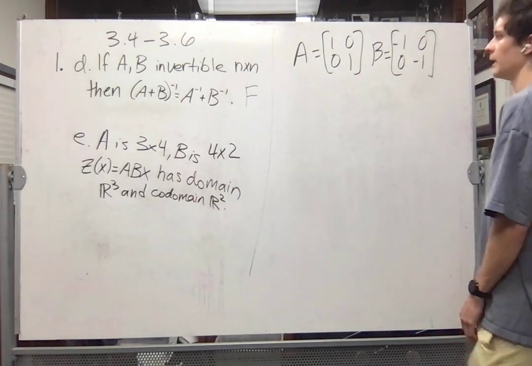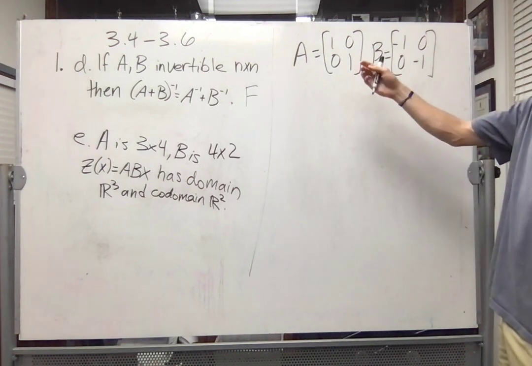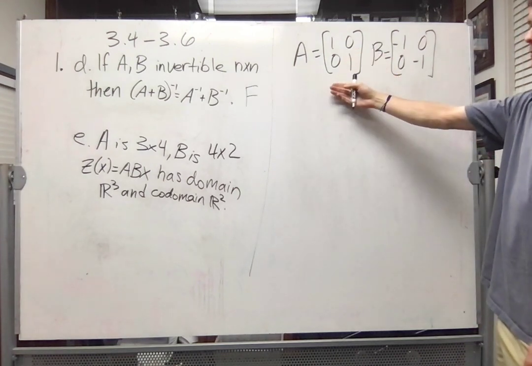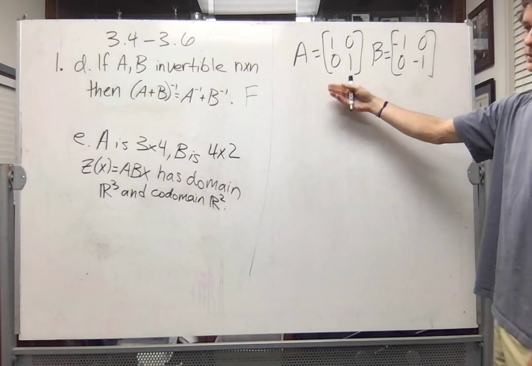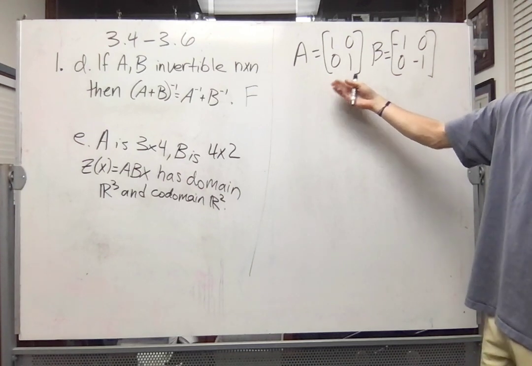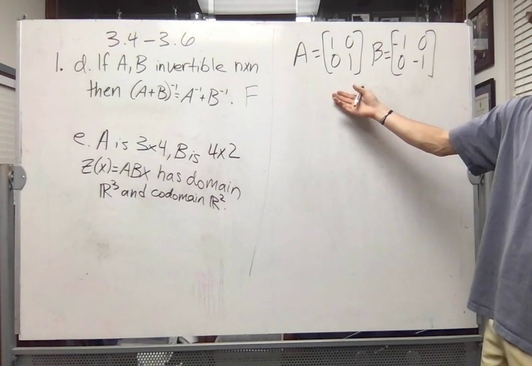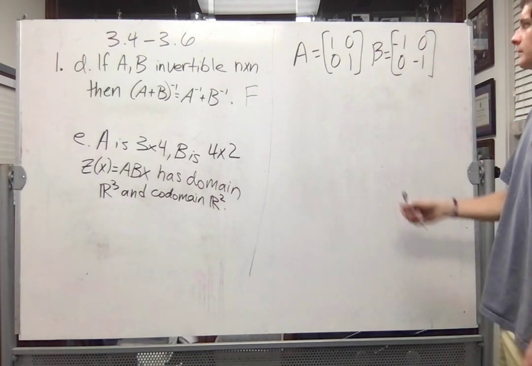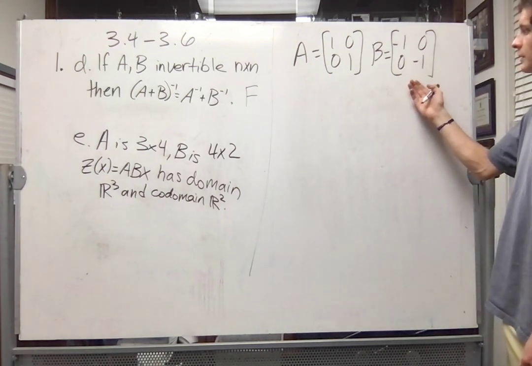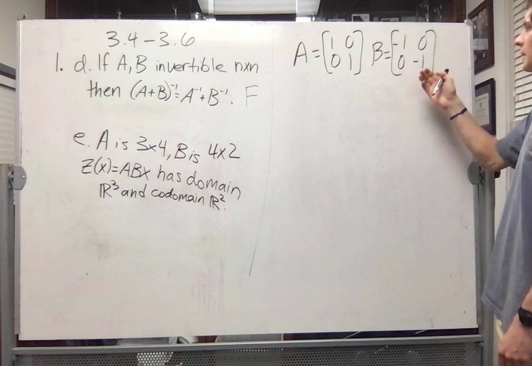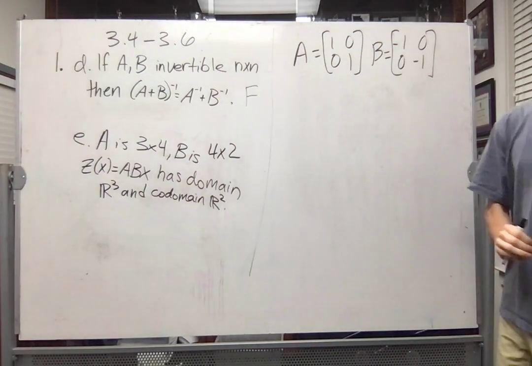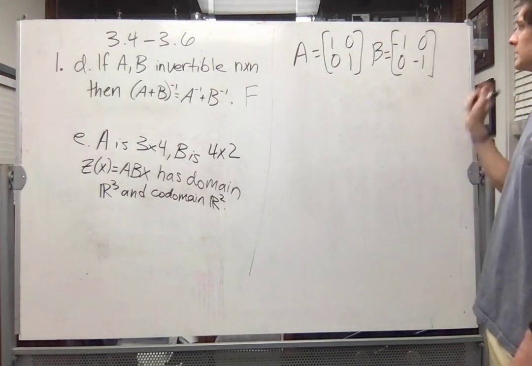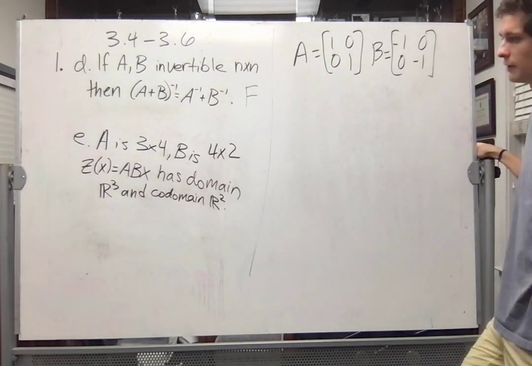If you're not sure why, well, the identity matrix clearly is invertible because I times I is I. So the inverse of the identity is itself. And B is invertible because also B times B is going to be the identity matrix. So B's inverse is going to be itself.